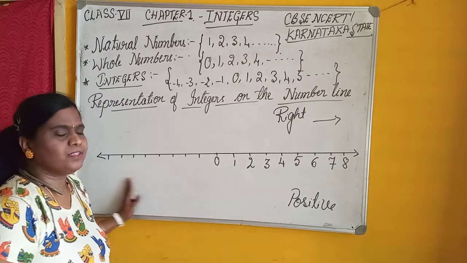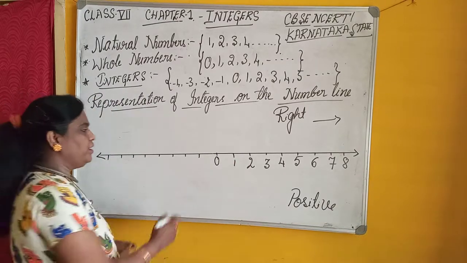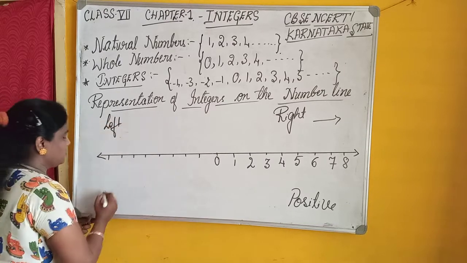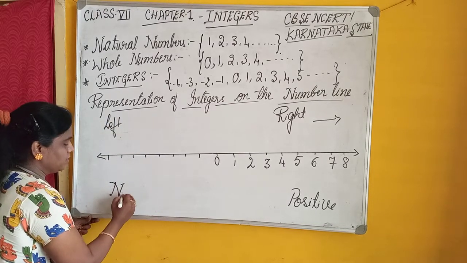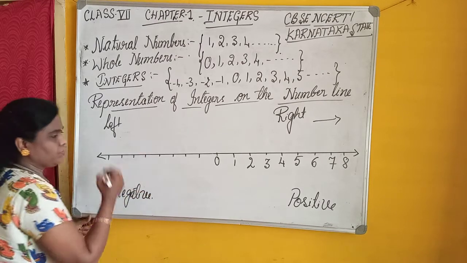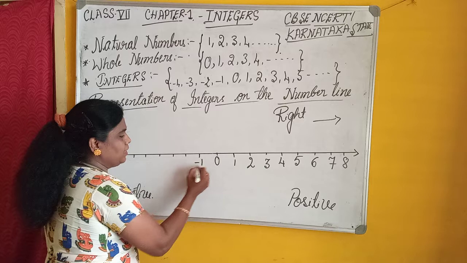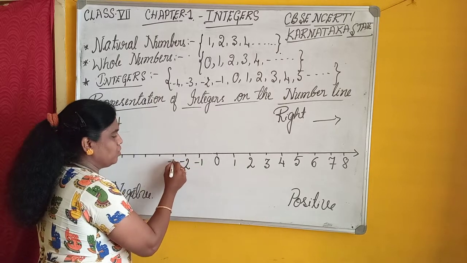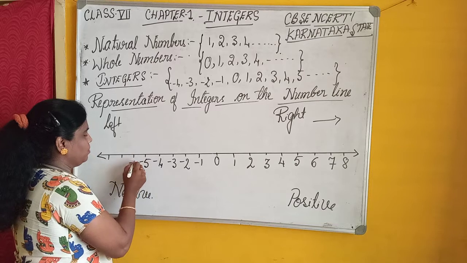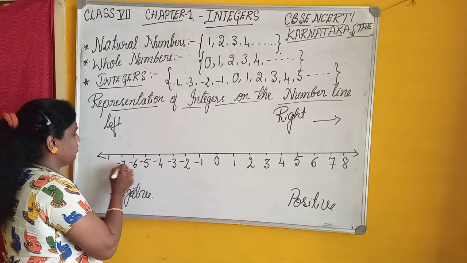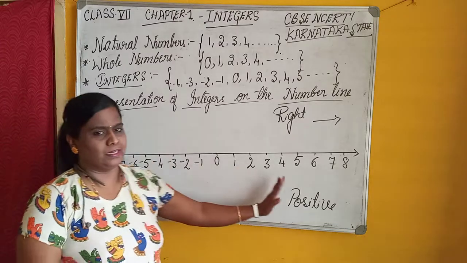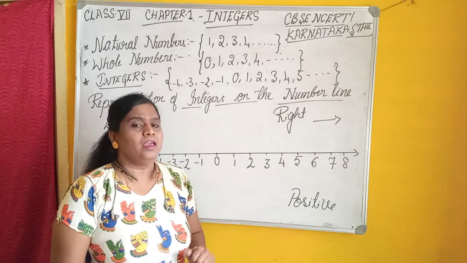And on the left side of the 0 we are writing the negative integers: minus 1, minus 2, minus 3, minus 4, minus 5, minus 6, minus 7 and minus 8. This is a model of a number line of the integers.